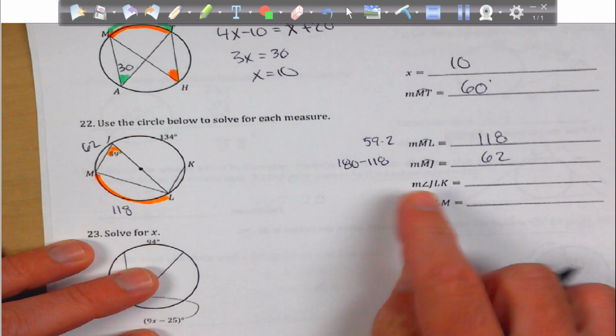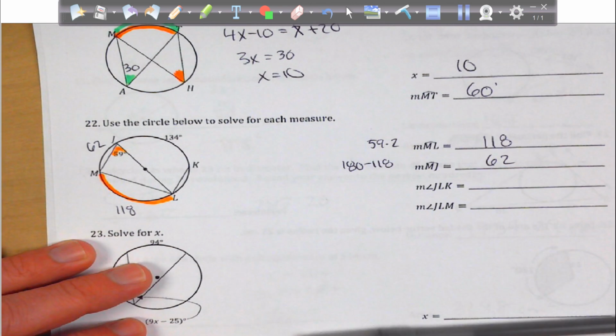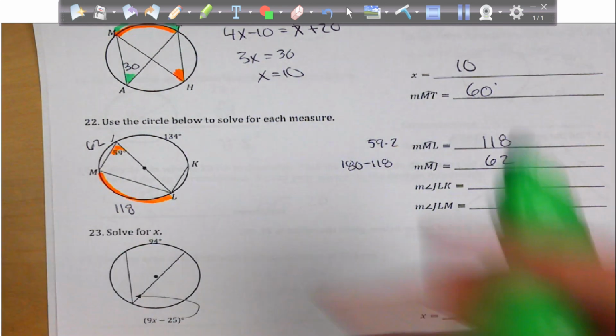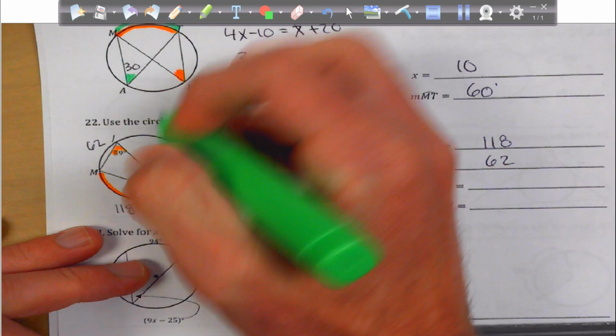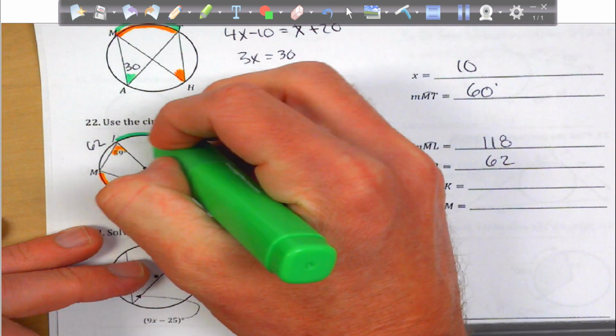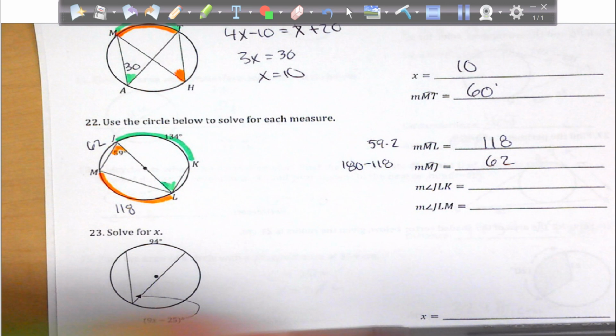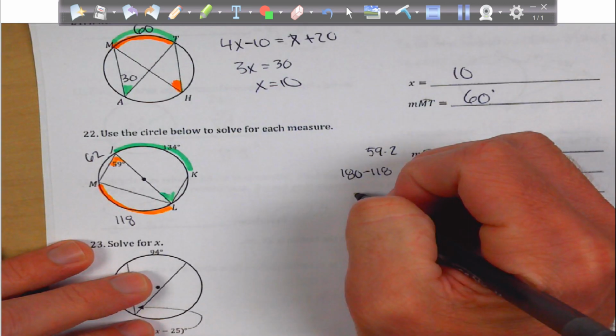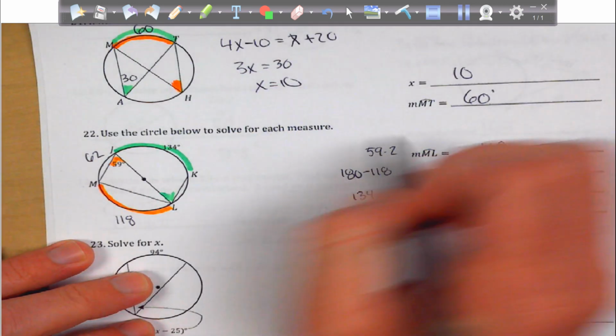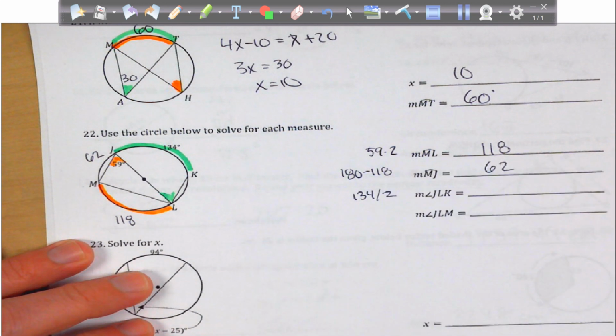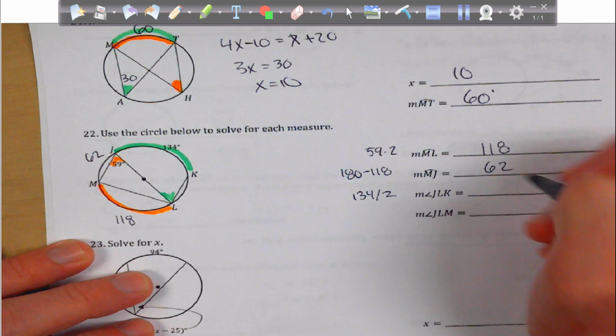JLK, now JLK is an inscribed angle, and conveniently enough for us, it's opening up to JK, which we know is 134. So we just take 134, and since that's already bigger, we're going to divide it by 2 and get 67.